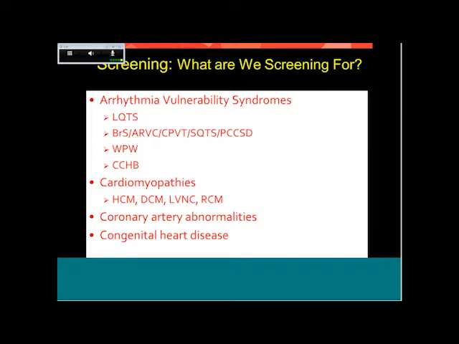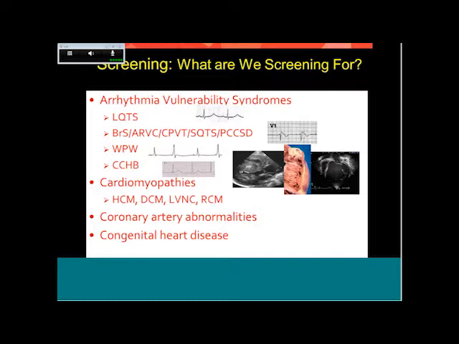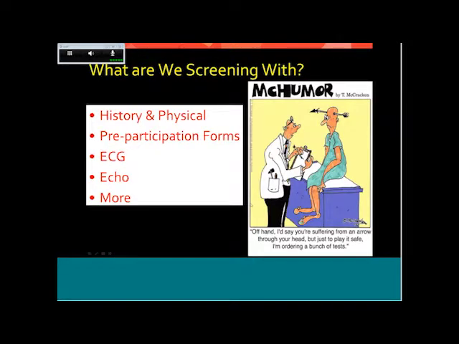We're screening for cardiomyopathies, coronary artery abnormalities, not artery disease, but congenital abnormalities, and unrecognized congenital heart disease. Things like long QT and Brugada syndrome, WPW, congenital heart block, there's cardiomyopathies, there's hypertrophic, arrhythmogenic, and dilated, and we're going to get into each of those, and we'll talk a little bit about coronary abnormalities.